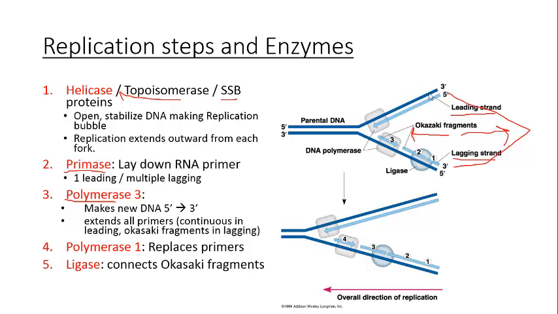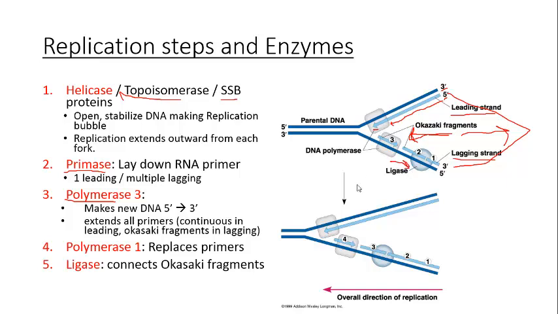Since it only makes the new DNA 5' to 3', it has to start at the 3' side of the template strand. So the leading strand, this one on the top here, is the one that goes nice and easily, where polymerase goes in the direction that it's supposed to go. The bottom strand, we have a problem. We want replication to extend this way, but polymerase can only go in the opposite direction.